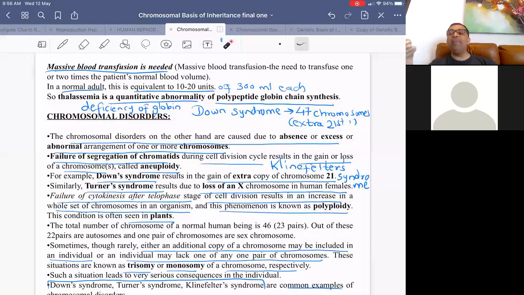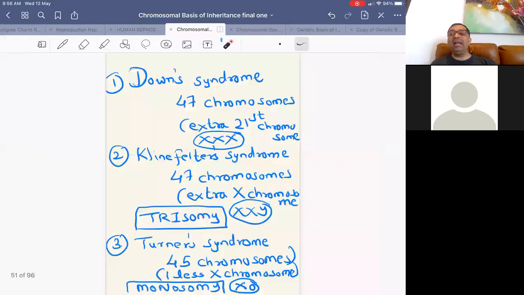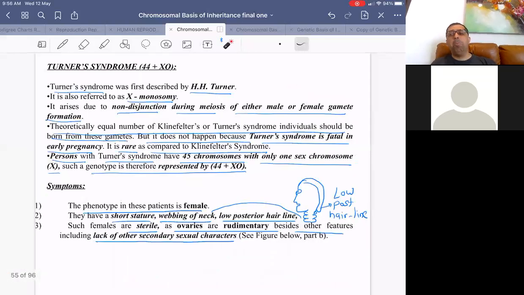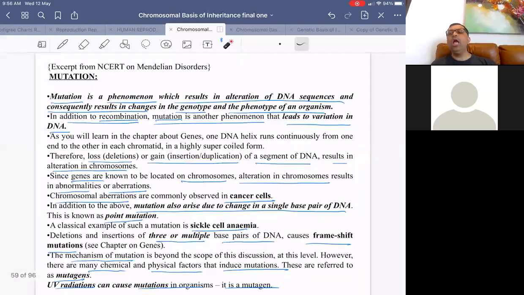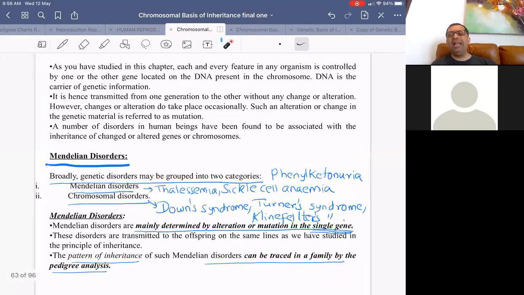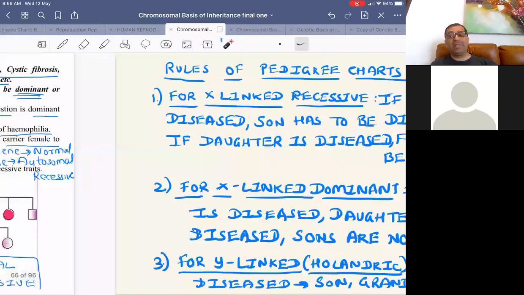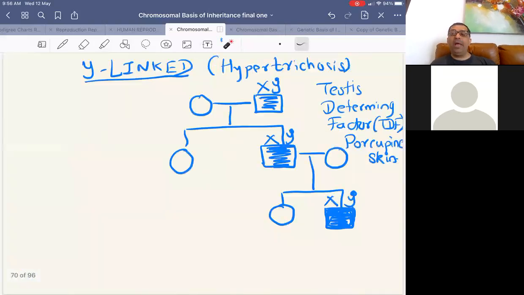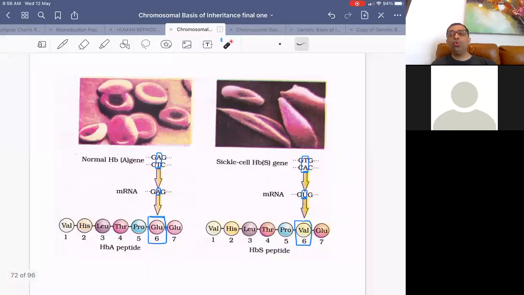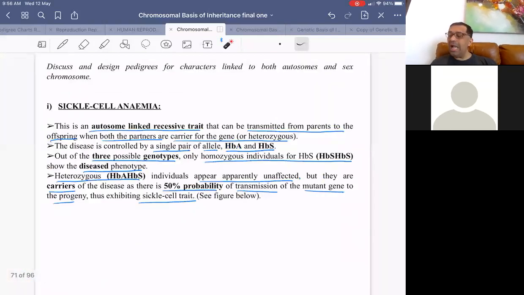Quantity of A alpha A beta chains are less. So this is thalassemia. And India में thalassemia बहुत common है. So many people in India are suffering from thalassemia, and उनको periodically blood transfusion देने पड़ते हैं.